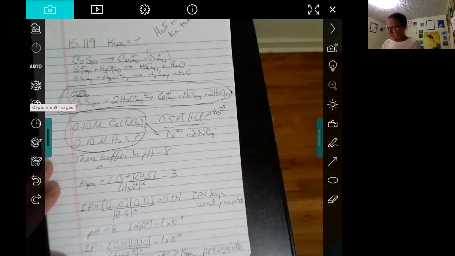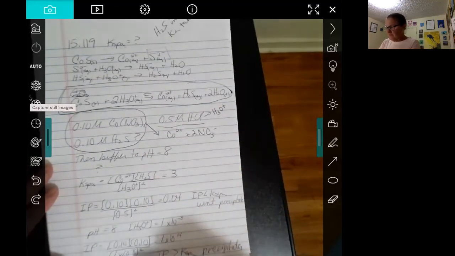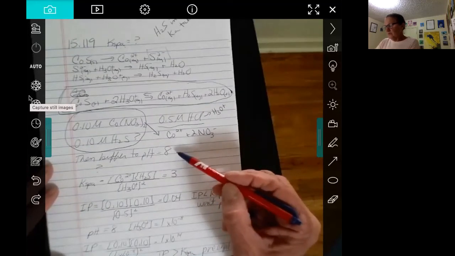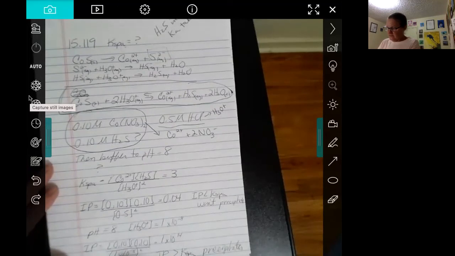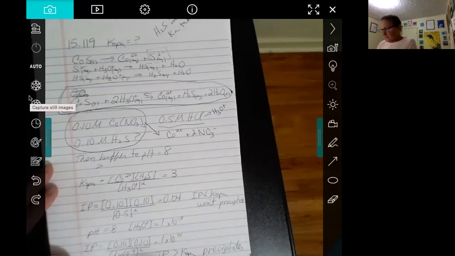If we change the conditions, so in the second part, it's the same amount of cobalt and H2S, but we have a buffer and we're keeping the pH at 8. So if the pH is 8, that means that the H3O plus concentration is 1 times 10 to the minus 8, because we just have to change the sign and then raise 10 to each of them. So we'll have 0.1 times 0.1 divided by H3O plus, which is 1 times 10 to the minus 8 squared.